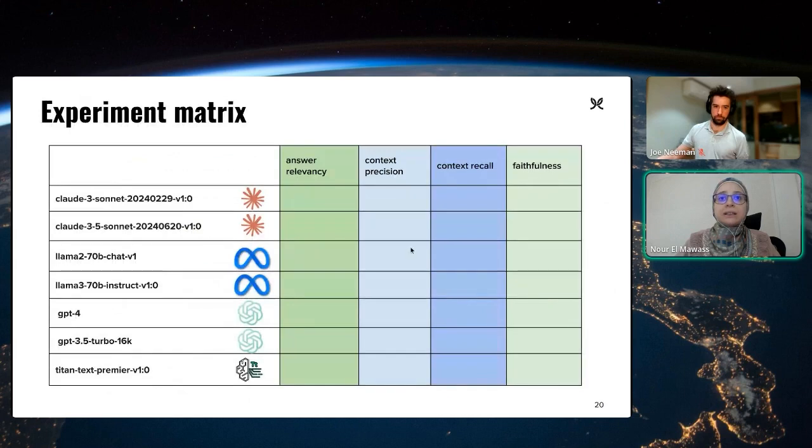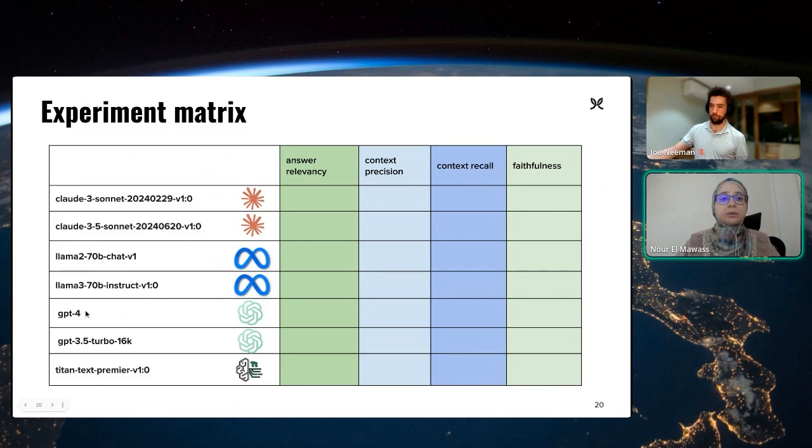And then in the evaluation matrix here, you can see the models that we use to evaluate the RAG, not to generate the answers, but to evaluate the RAG itself. So we use two models from the Claude family, which are Claude 3 Sonnet and Claude 3.5 Sonnet. We used Llama 2 70 billion when it was still available on Bedrock. And we used Llama 3 70 billion.